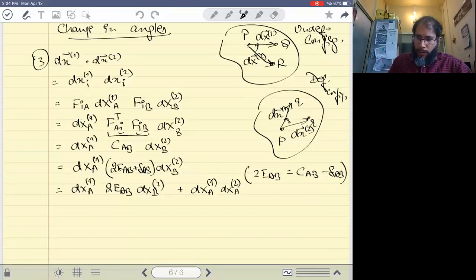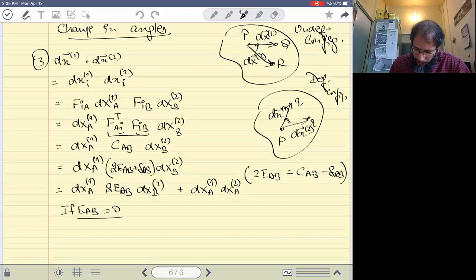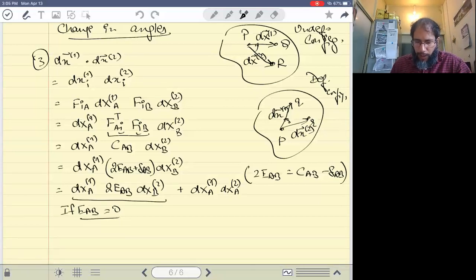Now let's try to understand what happens here if our E, that is the Lagrangian finite strain tensor, is 0. So if E_AB is 0, that is, all the terms in this Lagrangian finite strain tensor, all the 9 terms, are all 0, then the first term, that is this whole term, becomes 0.